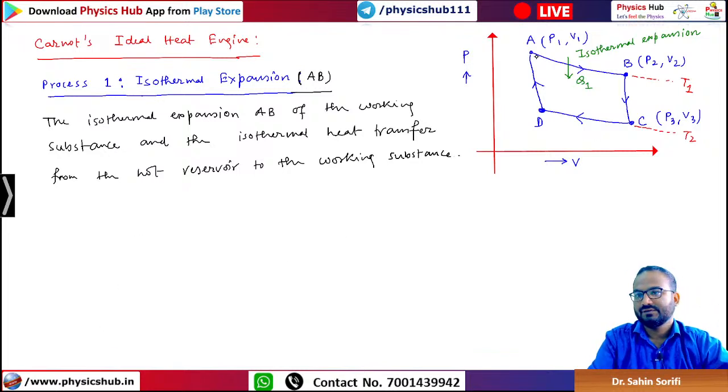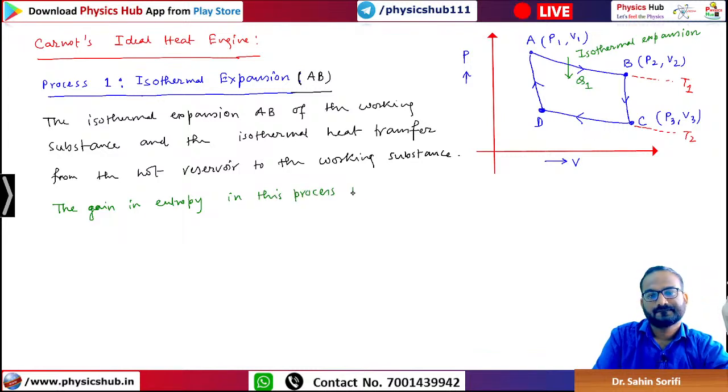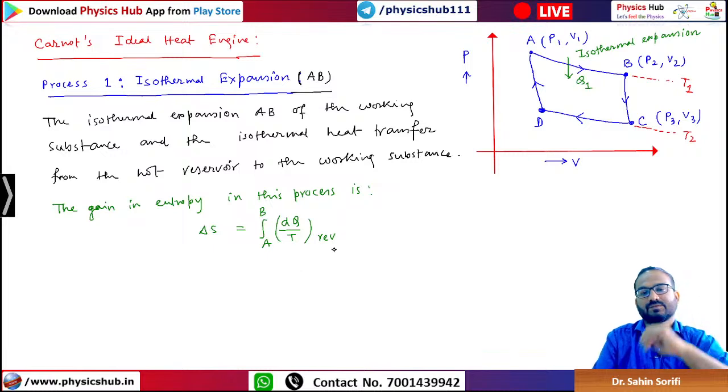So in this process, you are giving some heat to the system, so there will be a change in entropy, and you know entropy always increases. So the gain in entropy in this process is, can you tell me, delta S will be the integration from A to B of dq by T. Let us consider that it is taken by a reversible process.